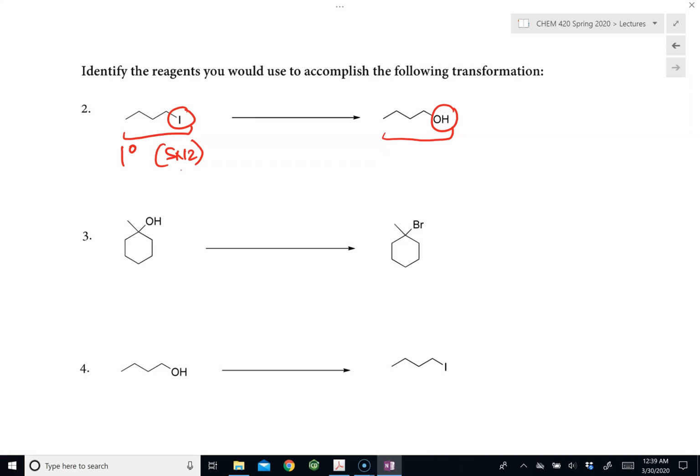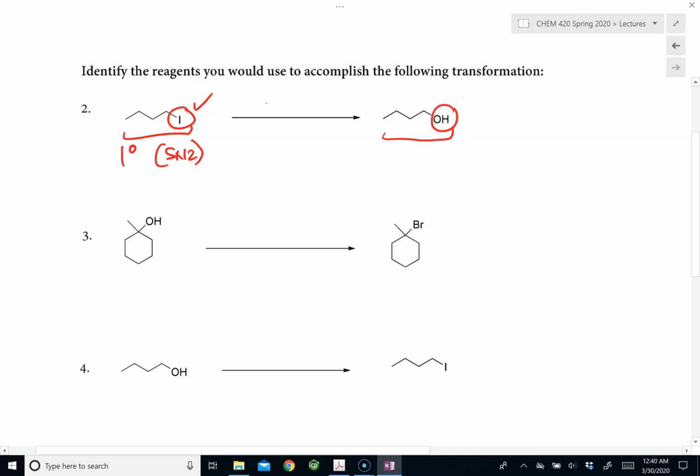And now, let's analyze the leaving group. The leaving group is the iodine, which is a good leaving group. So we can have the leaving group checked off, and we do not need to do anything to it. And third, in this case, the nucleophile will be hydroxide, so we'll have to use sodium hydroxide as our nucleophile.